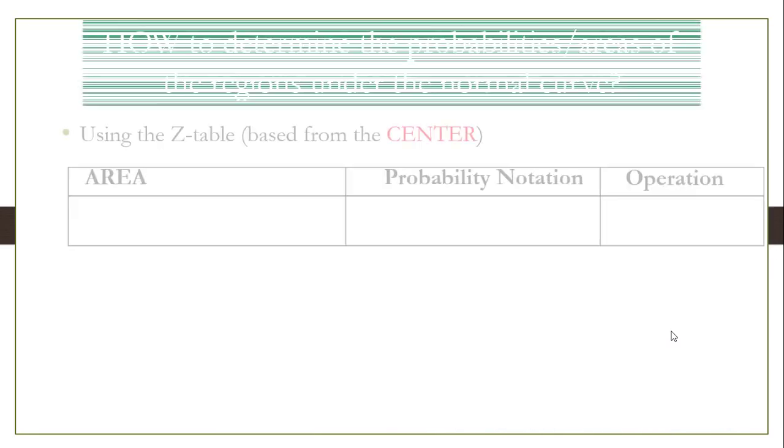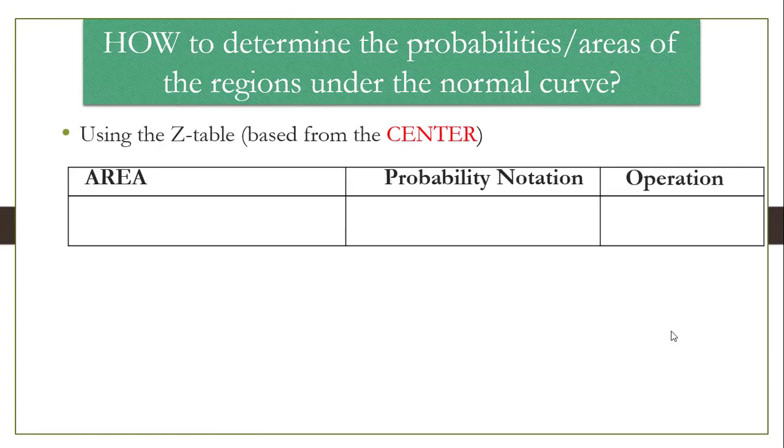So, lastly, suppose we have the area between a negative z value and a positive z value. The probability notation for that would be probability that z is greater than negative a but less than b. Now, the operation would be different from the previous areas between two z values because they were both the same sign.